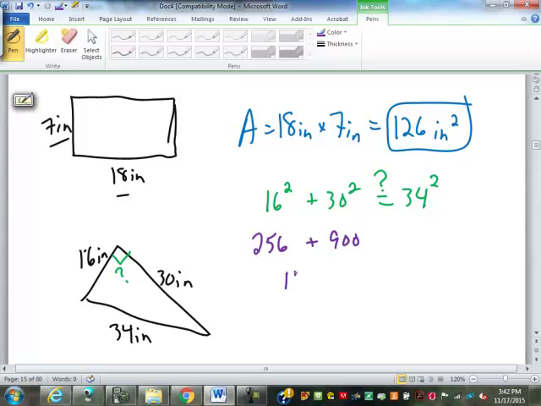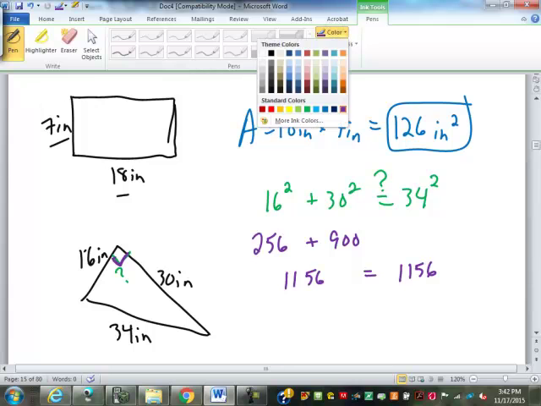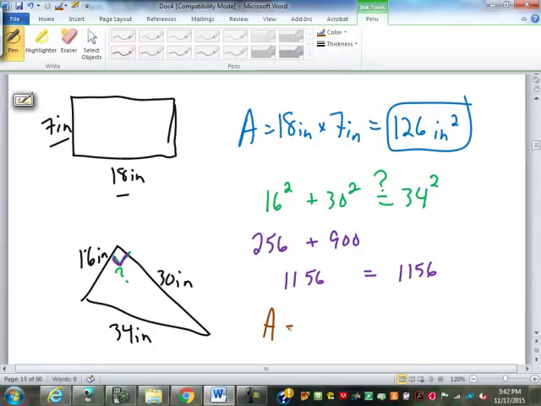That adds up to 1,156. 34 squared is 1,156. They do equal. So yes, that is a right angle, and the area can be found using 30 inches by 16 inches. Don't forget to divide it by 2. Gives you 240 square inches.